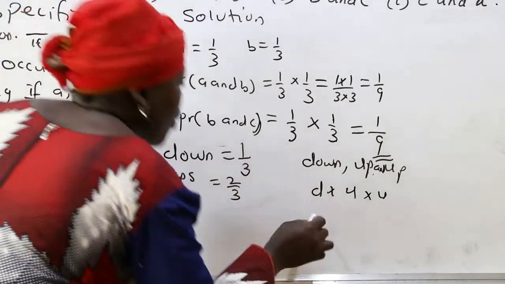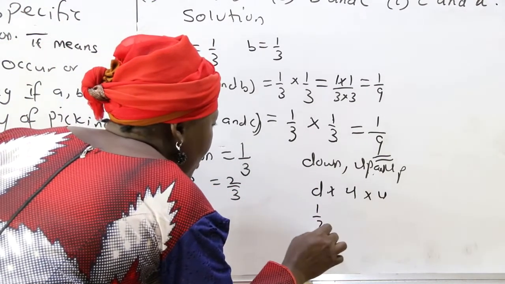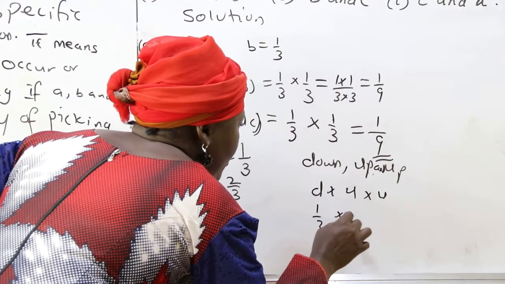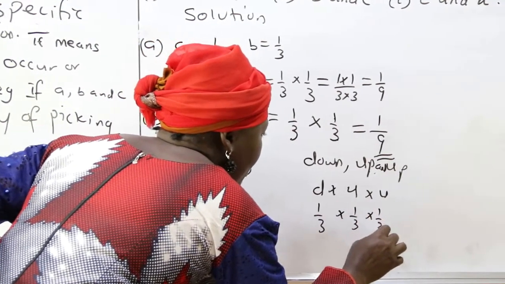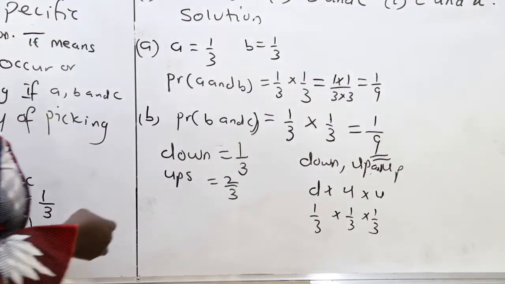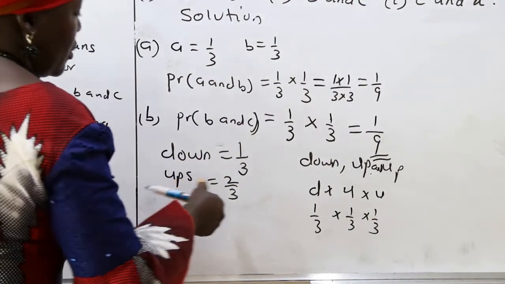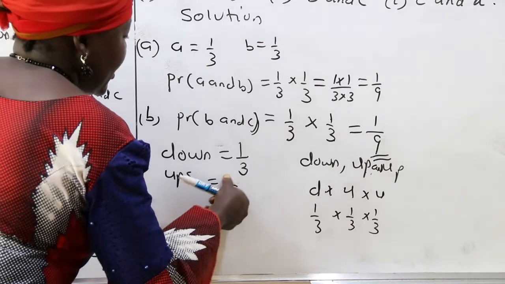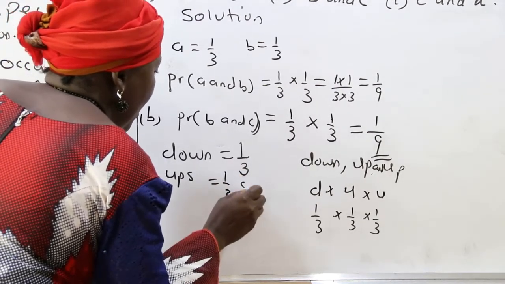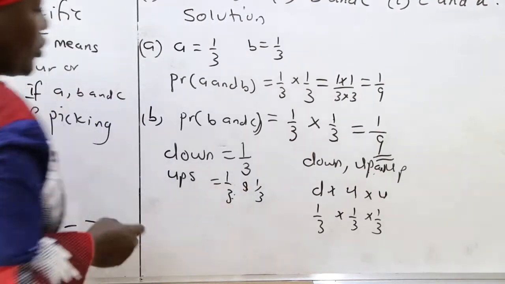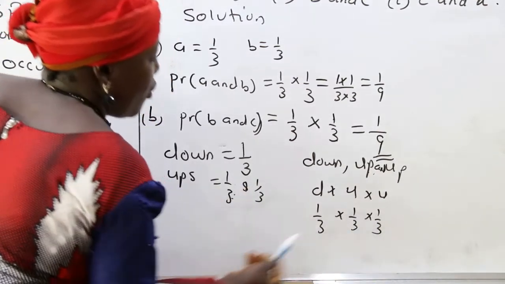So all we know is that this one will be 1 over 3 times 1 over 3 times 1 over 3. We are treating them individually, so the ups will be 1 over 3 and 1 over 3. So if you have that, you multiply all of them.